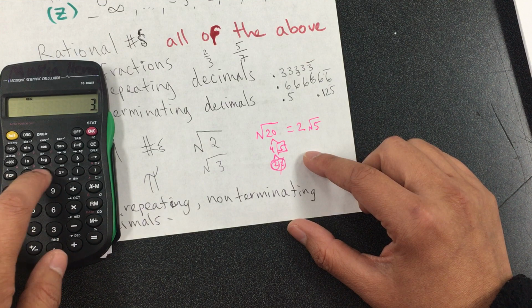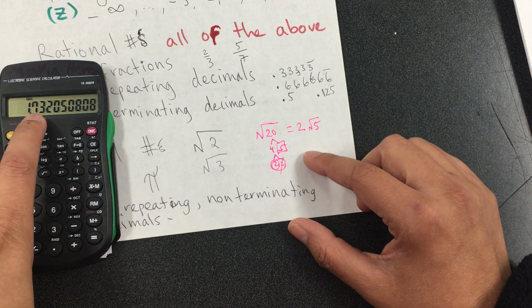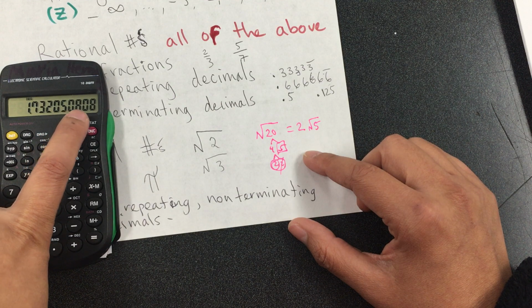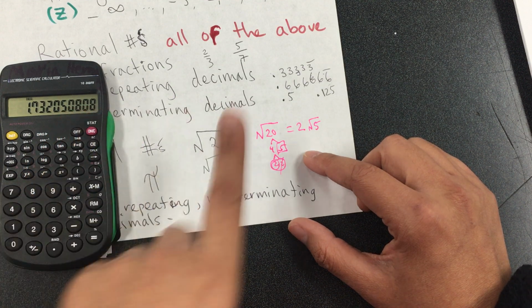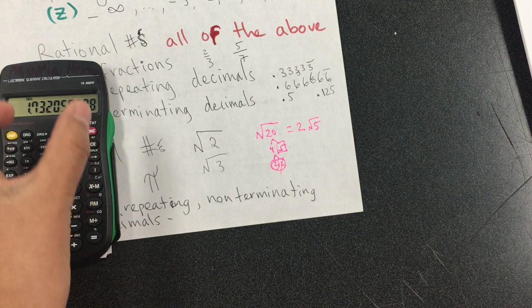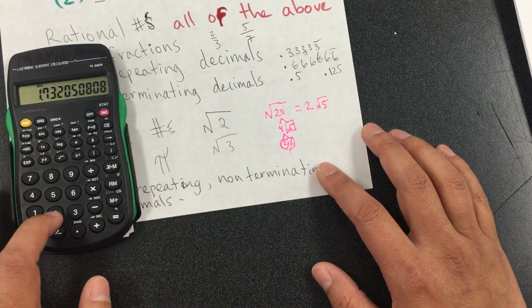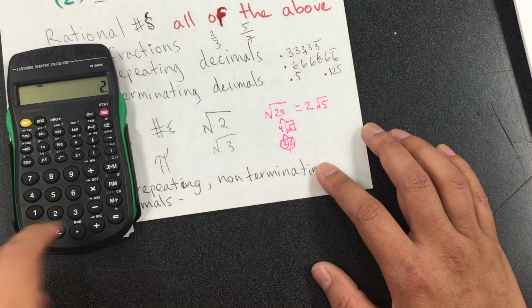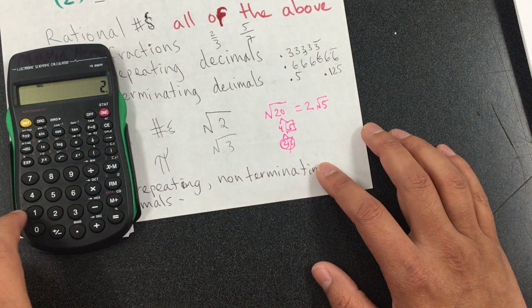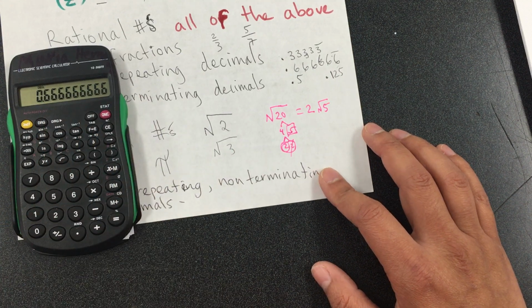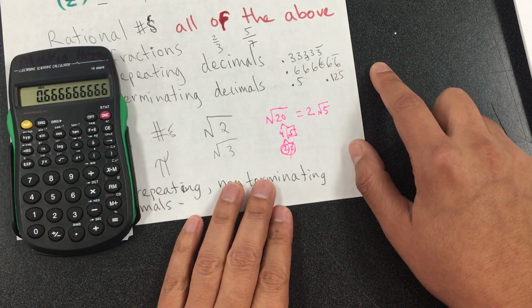Or the square root of 3, 1.7320508008, etc. So it doesn't have a repetition. For example, if I divide 2 divided by 3, it's 0.66666666, so it repeats.